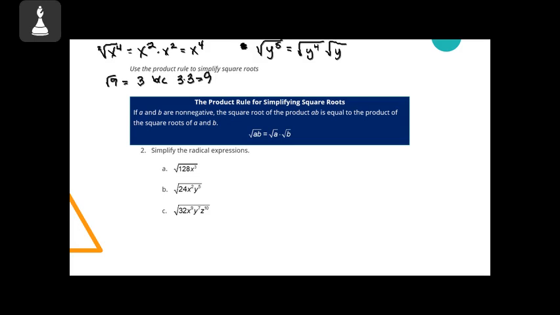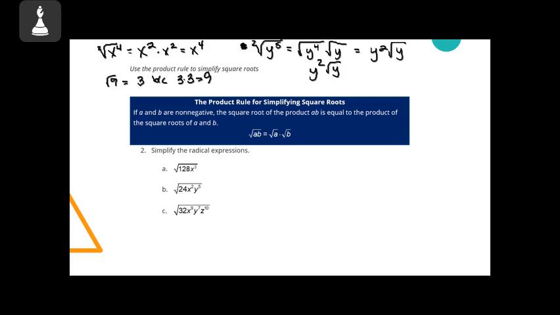The reason I do that is I know that I cannot do the square root of y. Any odd power, a single one, is not going to be square rooted. So that's going to stay where it is. But I can do the square root of y to the 4th, and that's y squared. The other way you can think about it is, again, it is a square root. So how many times does 2 go into 5? Well, 2 goes into 5 twice with 1 left over. So that's another way you can think about it.